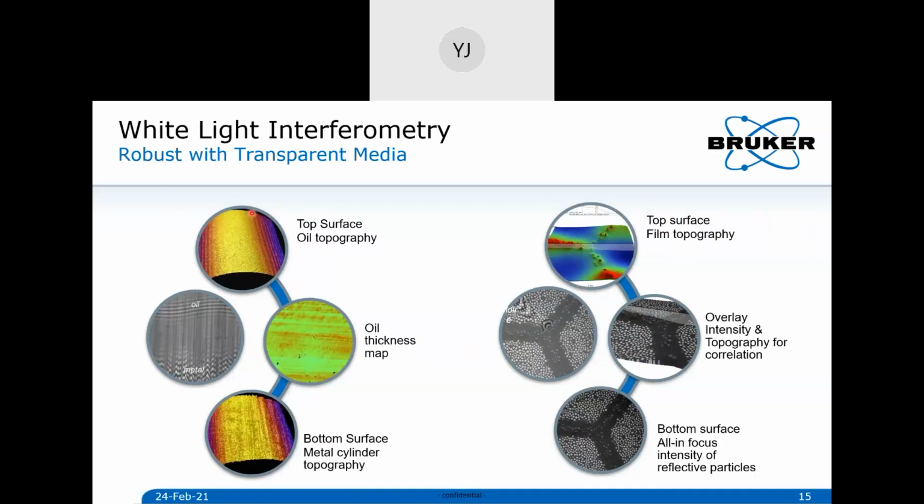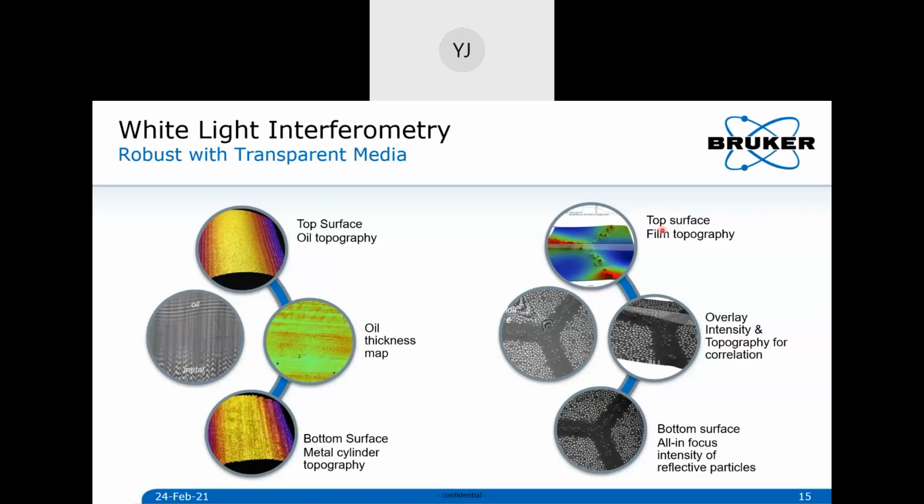So here you can also see the top surface of the oil. There is oil here, and then there is metal. And you can see the oil thickness map on your sample, right? And also if you focus on the bottom surface, then you can capture the surface roughness of the metal topography as well.